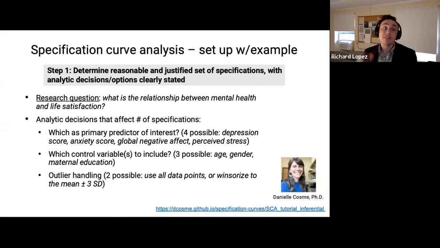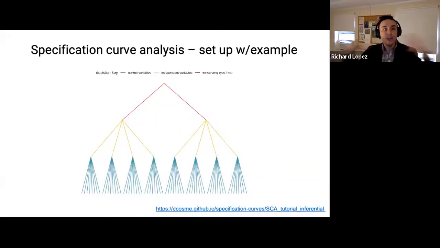And then there's yet another analytic decision here, and that is, how do you handle outliers? In this case, there are 2 possible ways to handle them: either use all the data points or Winsorize the data within plus or minus 3 standard deviations. So if we visualize all the possible model specifications with just a few of these analytic decisions, you can see it really expands, right?